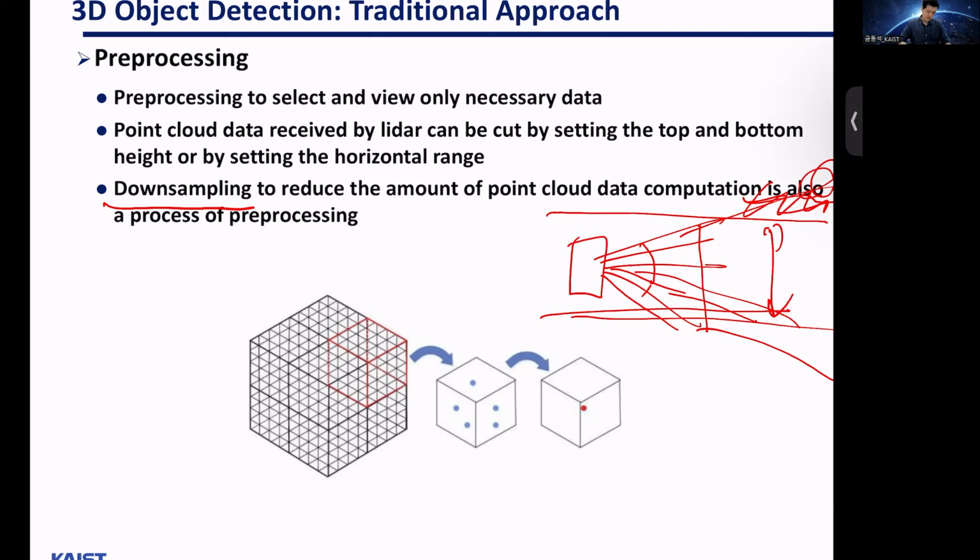So usually downsampling is done so that for a given space, called a voxel, there are one or two points. When you have 5 points in one cube or voxel, you downsample, meaning that you pick only one of them and remove other points.